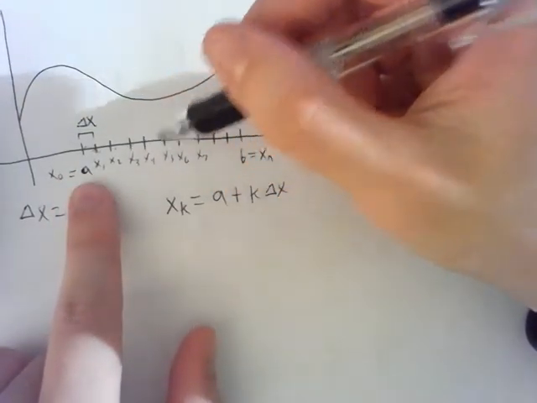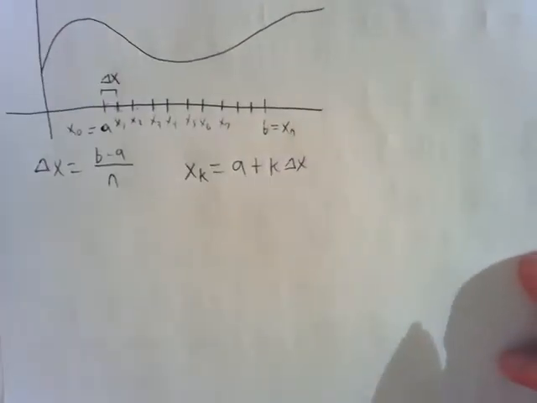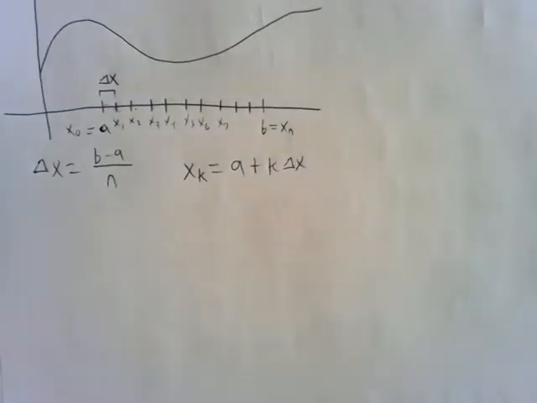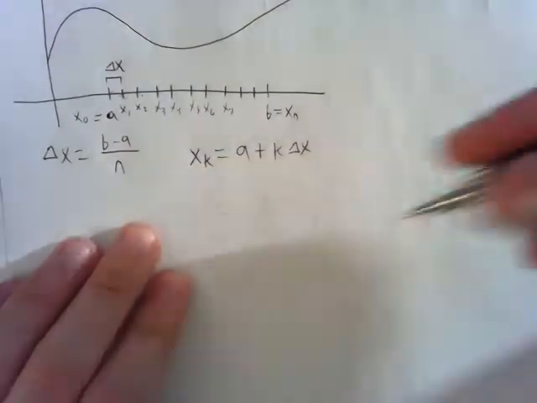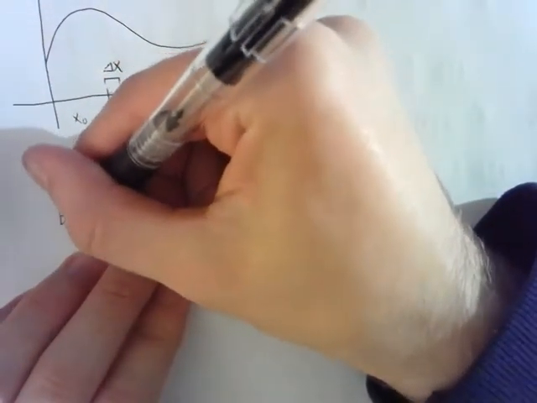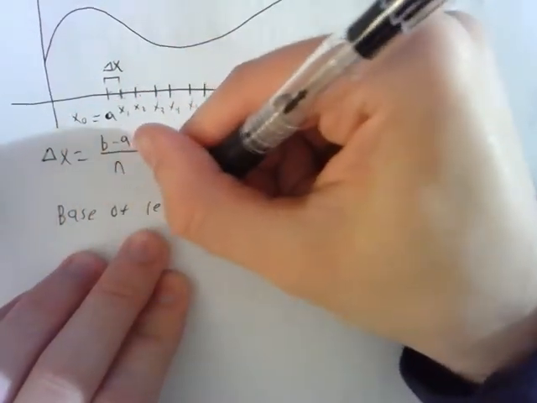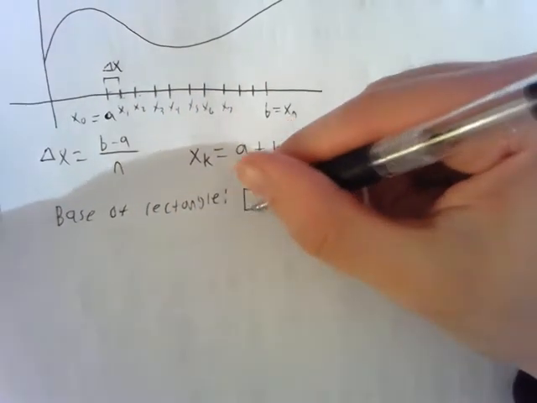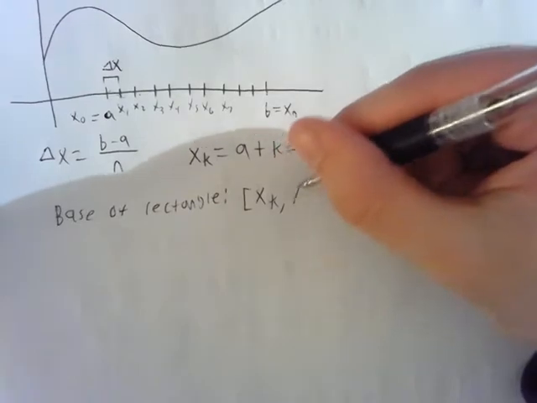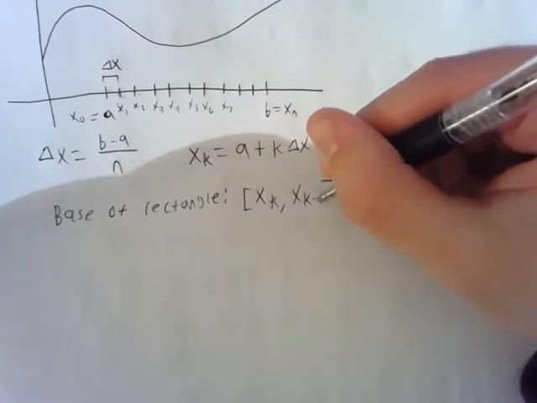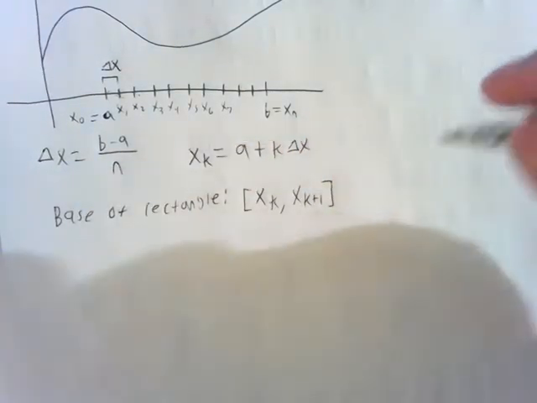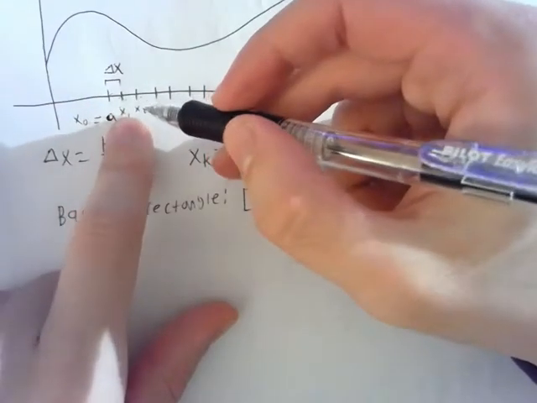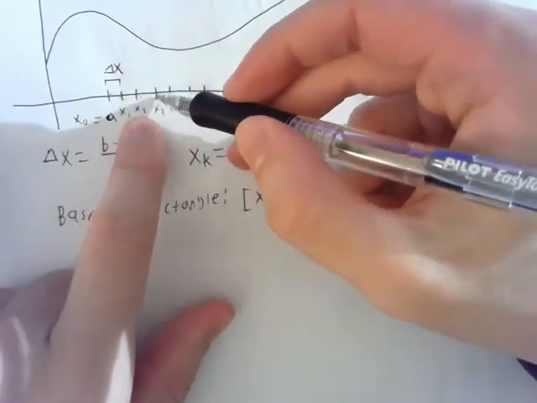So we have all these points, and that means that the base of each rectangle will be from xk to xk plus 1. So in other words, for example, we'll get a rectangle between x2 and x3, between x3 and x4, and so on.